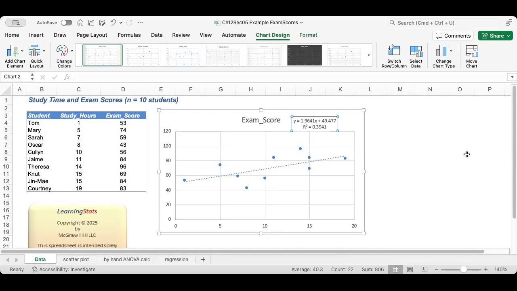Which means that, again, 61% of the variability in exam scores is not related to how long you studied. For each additional hour you study, your exam score is expected to go up how much? 1.9, almost 2%. It's not a great return on investment, is it?